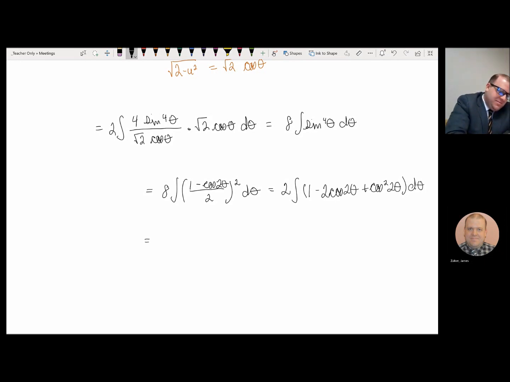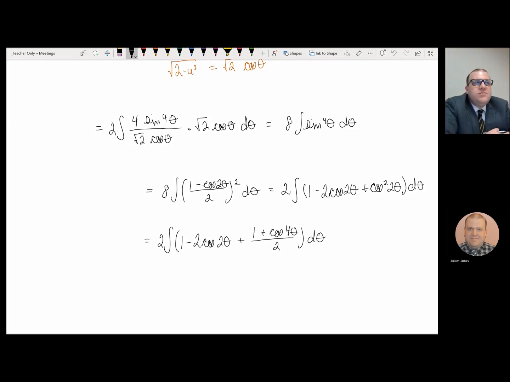So because we have 2 theta here, it would be 4 theta. And so cosine squared of 2 theta would become 1 plus cosine 4 theta all over 2.